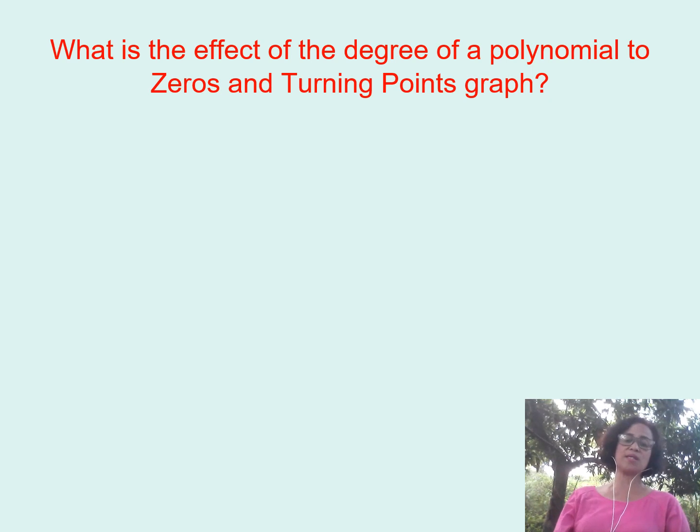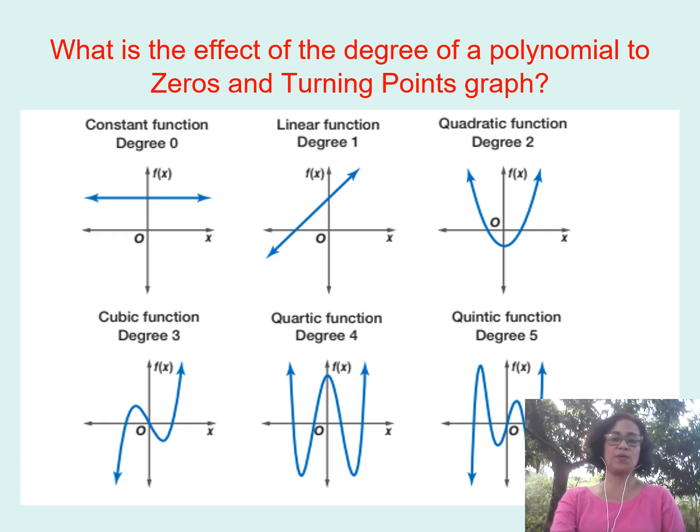So let's now examine all the different types of polynomial functions in different degrees. So starting with a function at 0 degree, or what we call a constant function. Now do notice that I'm going to determine here, did it intersect the x-axis?